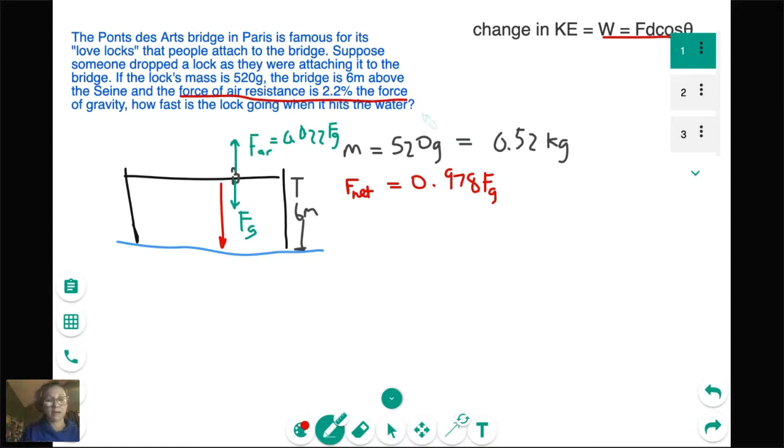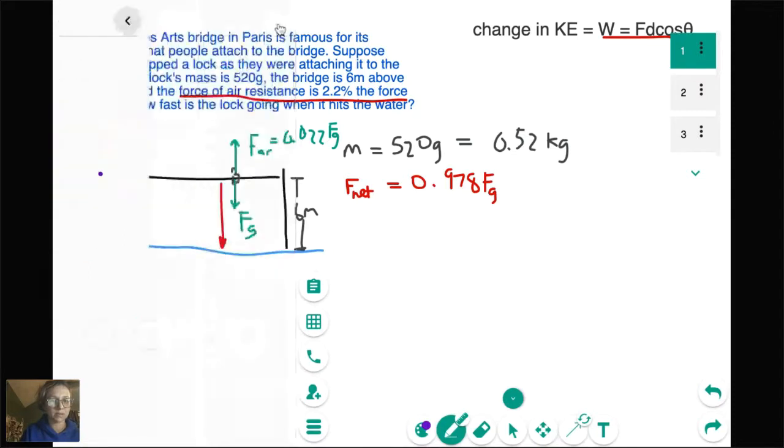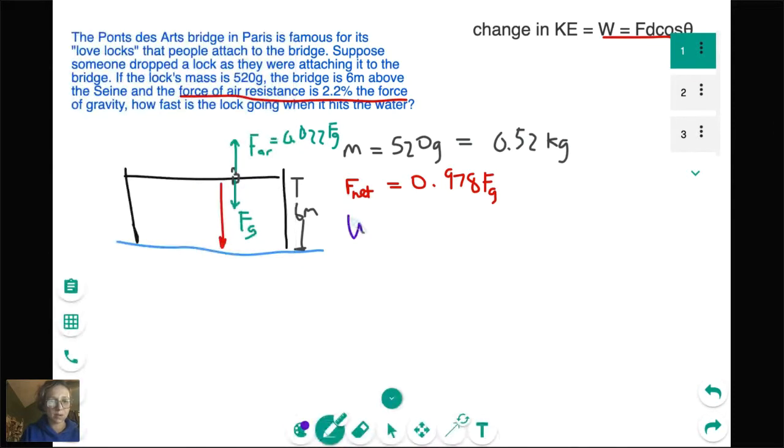So I know that the angle is going to be 0, the cosine is just going to be 1, and so the work is really just going to be equal to the force times the distance it falls, or the displacement. So switch colors again, just because we're doing a different step. So I'm going to say work. I don't even have to worry about the cosine theta. So work is going to be the force times the distance.